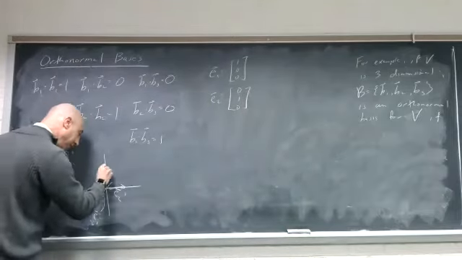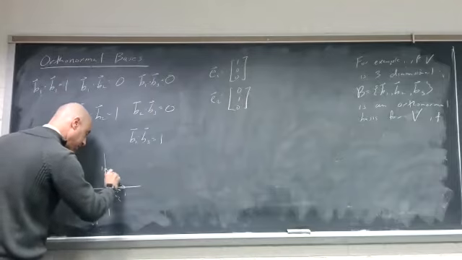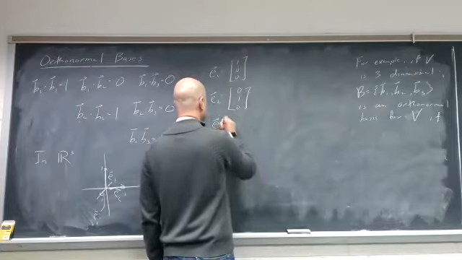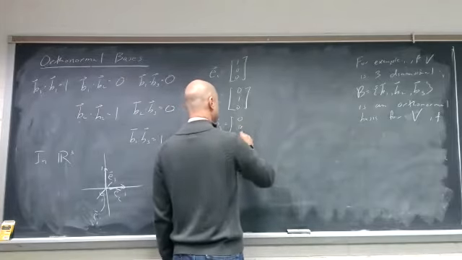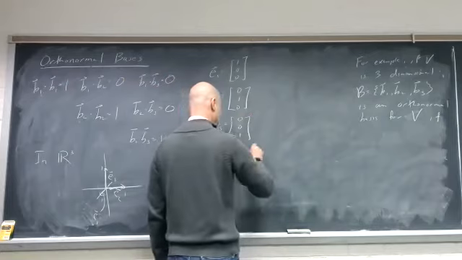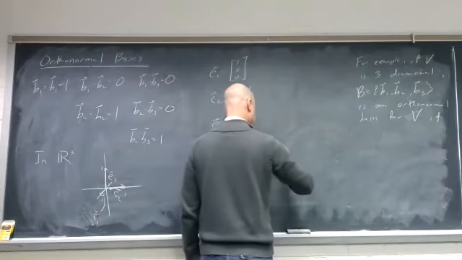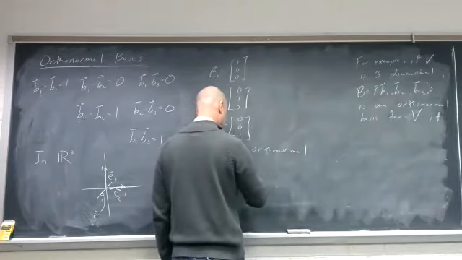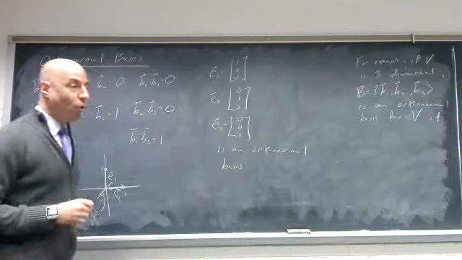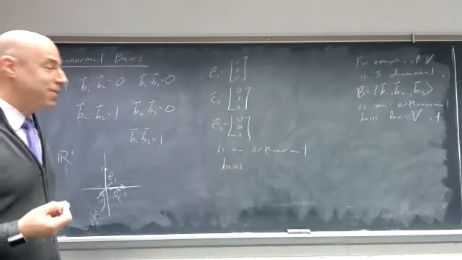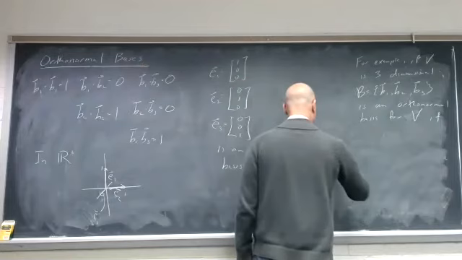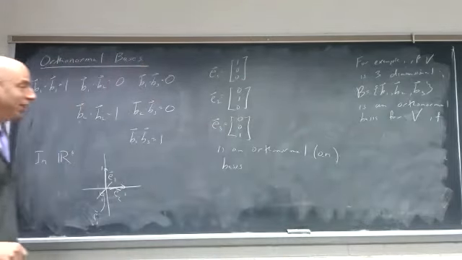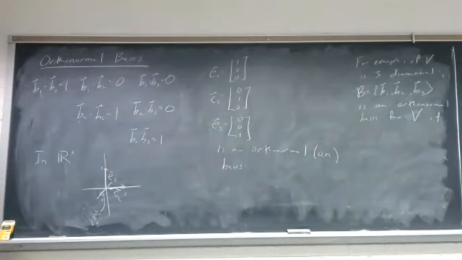And E3, 0, 0, 1, is an orthonormal basis. Orthonormal is kind of a long word, so we often abbreviate it ON. If I write ON basis, it means orthonormal.